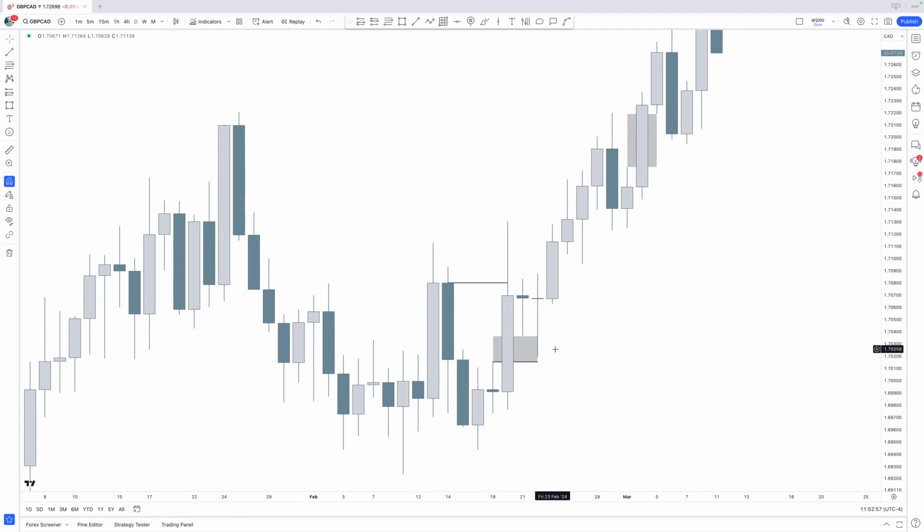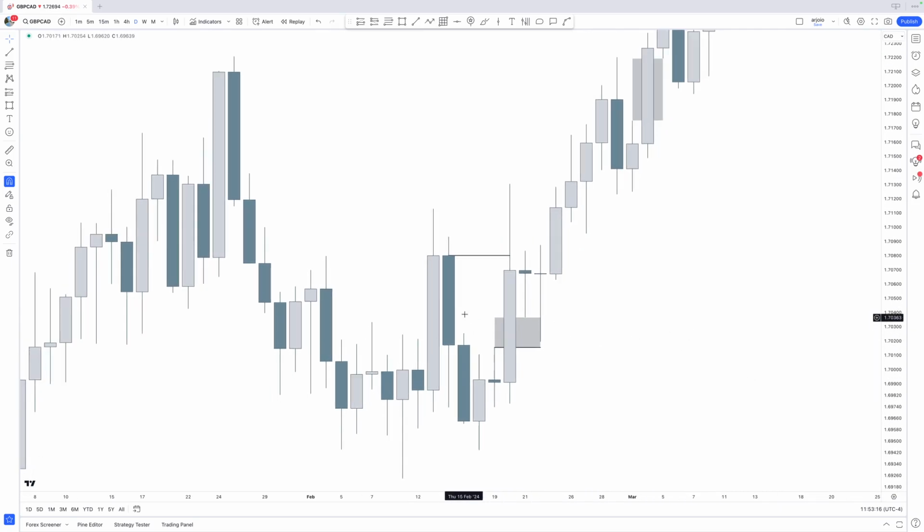The overlapping defense is always going to be the fair value area in combination with the fair value gap, because without the fair value gap, there would be no fair value area, right? So it's always a combination of the fair value gap with the fair value area. Now, the overlapping defense in this first leg higher is actually this fair value area in combination with that fair value gap.